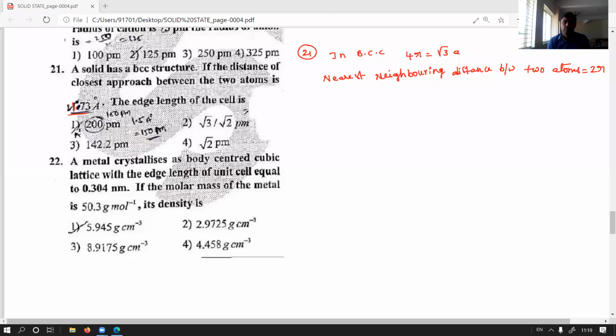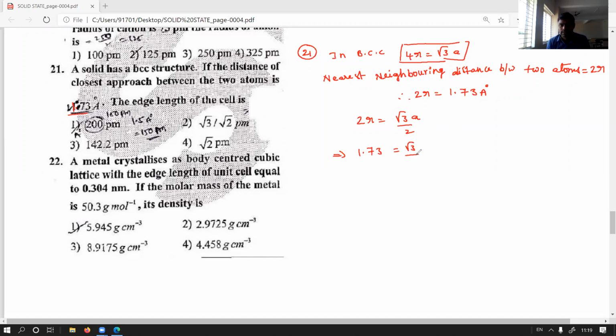But we have one relation, 4R is equal to root 3 A. Therefore 2R value, how much they gave? 1.73 angstroms, they gave. But 4R is equal to root 3 A, then 2R is equal to root 3 A by 2. So this 2R value, we know that 1.73 angstroms, you have to substitute.